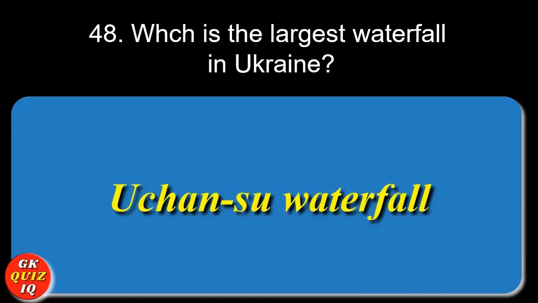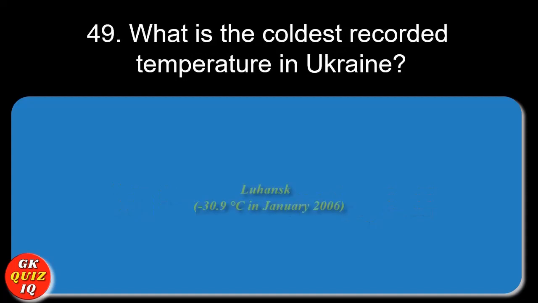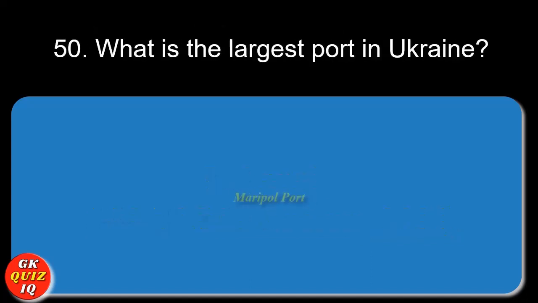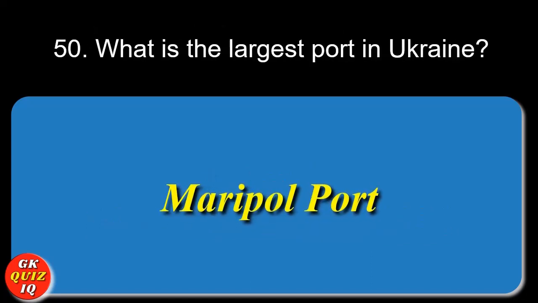Which is the largest waterfall in Ukraine? Uchansu Waterfall. What is the coolest recorded temperature in Ukraine? Minus 30.9 degrees Celsius in Luhansk in January 2006. What is the largest port in Ukraine? Mariupol Port.